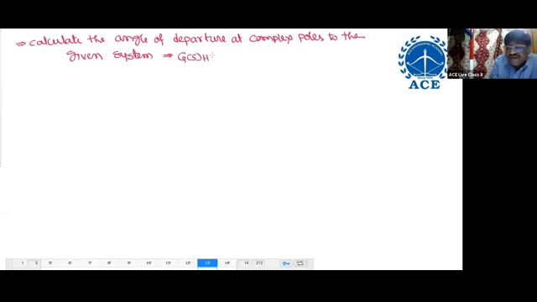G(S)H(S) equal to K into (S plus 2)(S plus 4) over (S square plus 2S plus 2). Come on, do it.